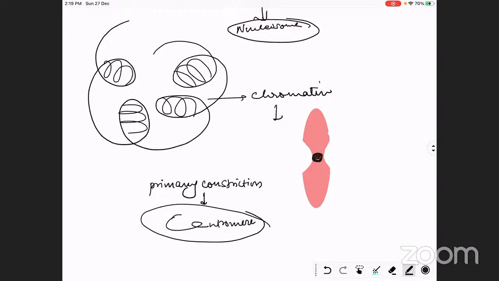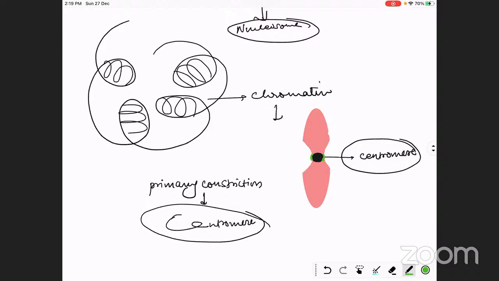This is the centromere. It is the site of primary constriction. Okay, and the centromere has a disc-like structure around it.